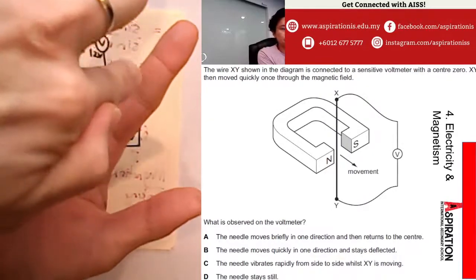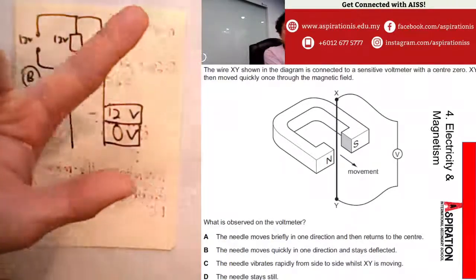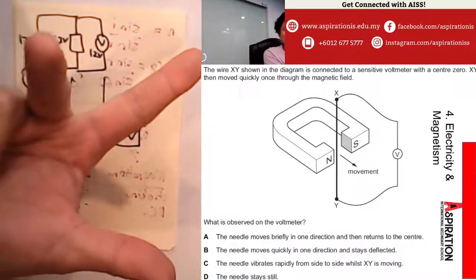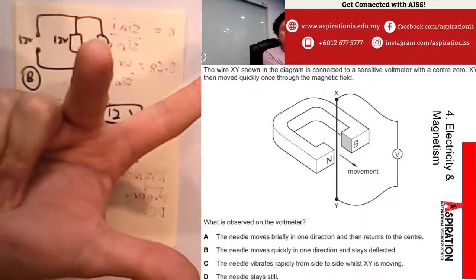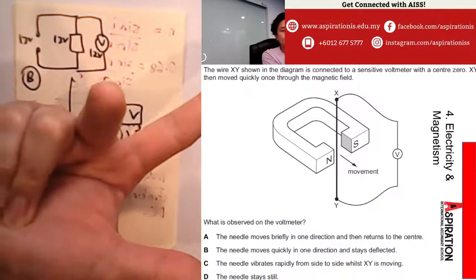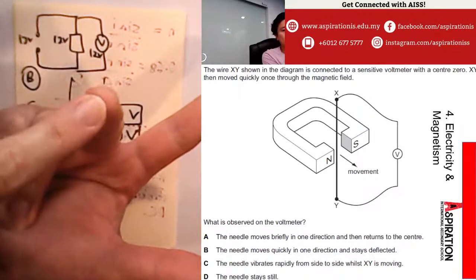So this is north, this is south, so you're pointing it in that direction. And your thumb is pointing away from the magnet. So the middle finger is going up, right? So this is the direction of the induced current.